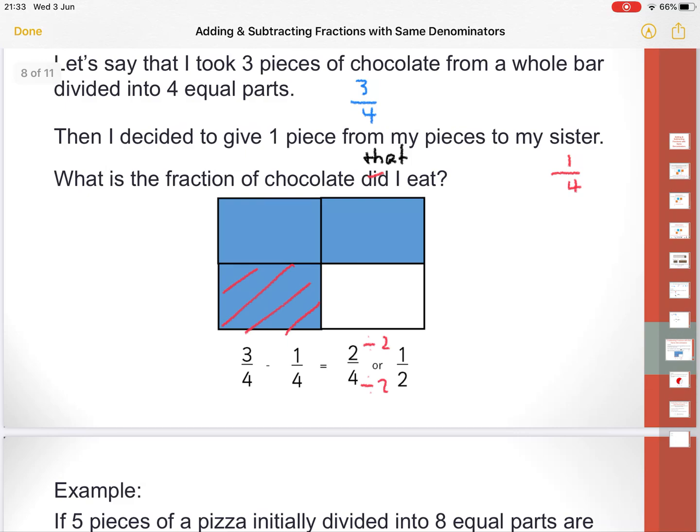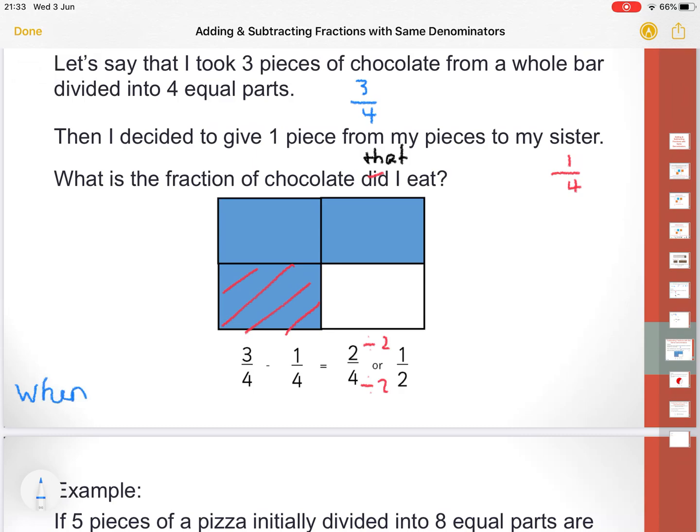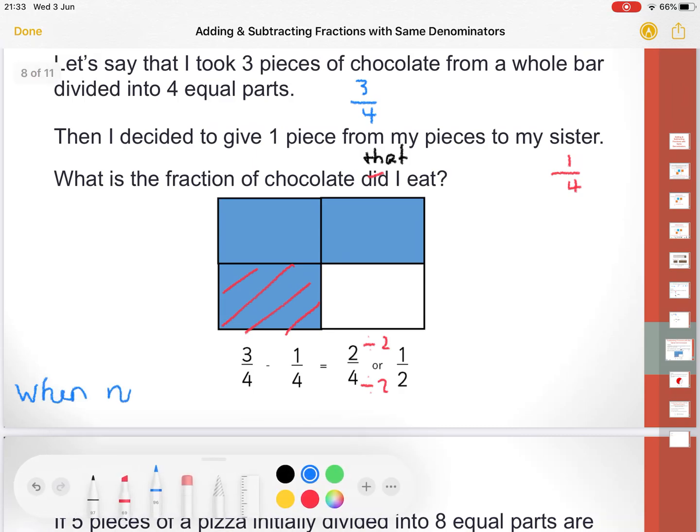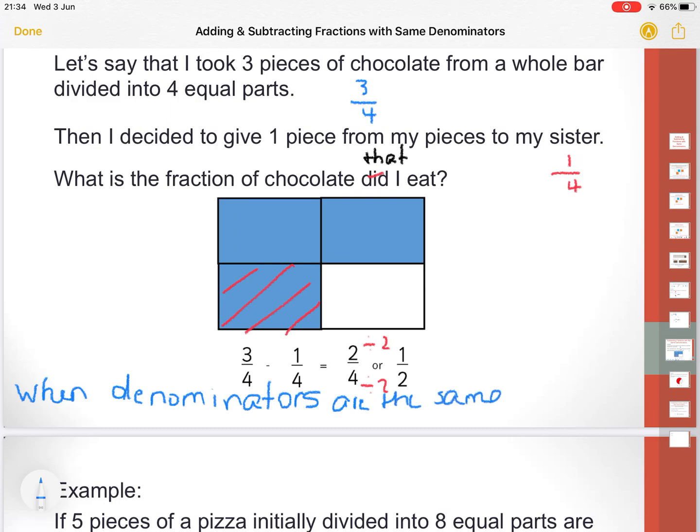numerators, okay? So, let's write it down. When denominators are the same, subtract numerators.